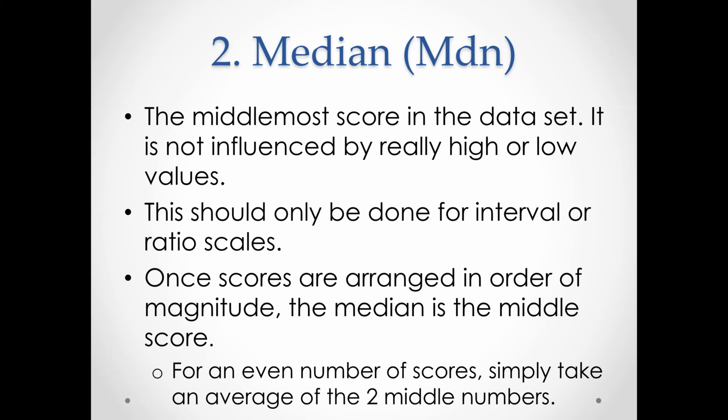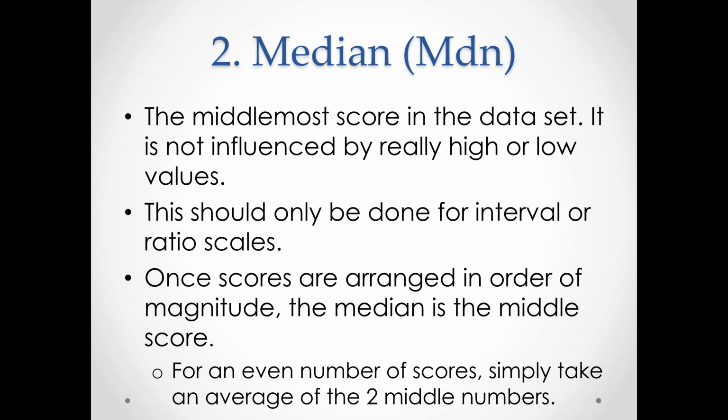If you have an even number of data, so for example, if I had 10 pieces of data, that means I'm going to have 2 numbers in the middle. And in this case, when you have an even number of scores, you're going to need to take the average of those 2 middle numbers. If you have an odd number, well, then there's only going to be 1 number in the middle. Oh, and if you were curious how to find that middle number, let's say again you have 10.